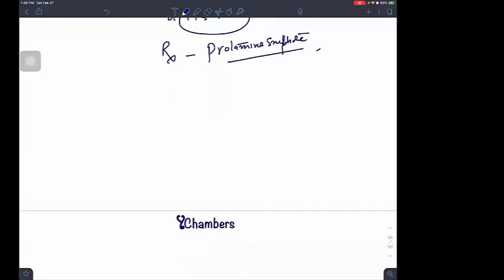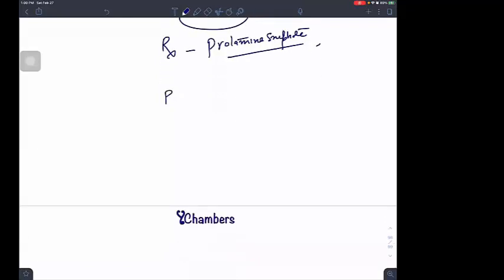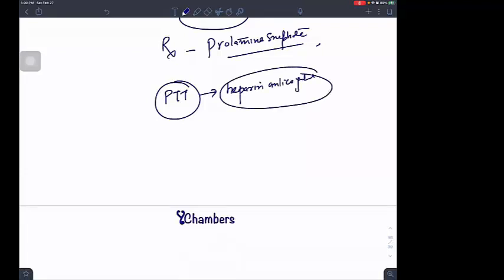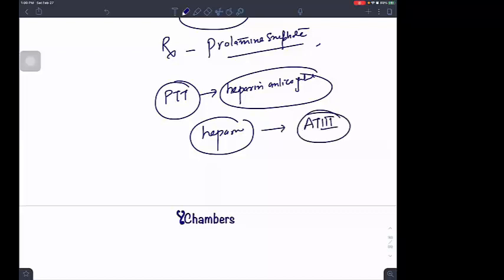So can I say this PTT is a nice tool for a physician to monitor heparin anticoagulation therapy? Yes, it is a very nice tool, because what is heparin doing? We said in the previous lectures that heparin increases the antithrombin 3 activity.